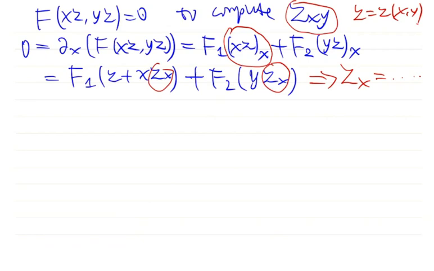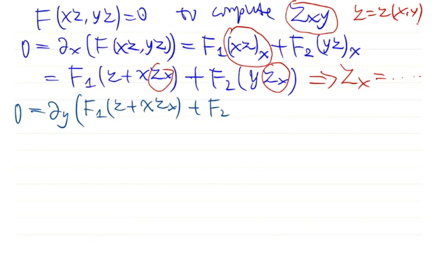We get 0 = dy of the right hand side, f1 (z plus x zx) plus f2 y zx. Then apply the product rule. We get the partial derivative of this multiplication with respect to y.